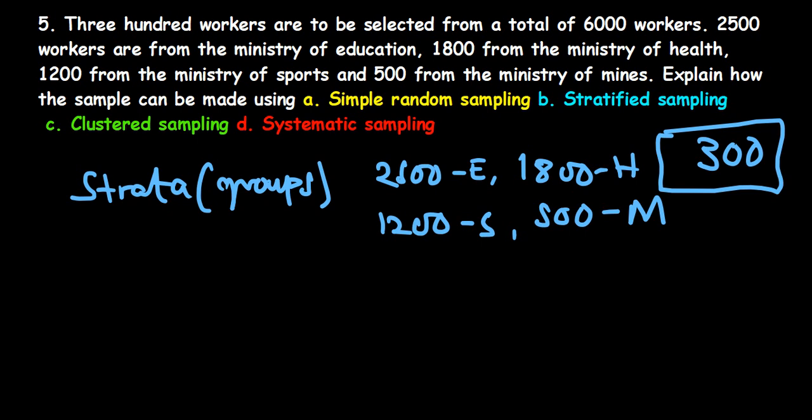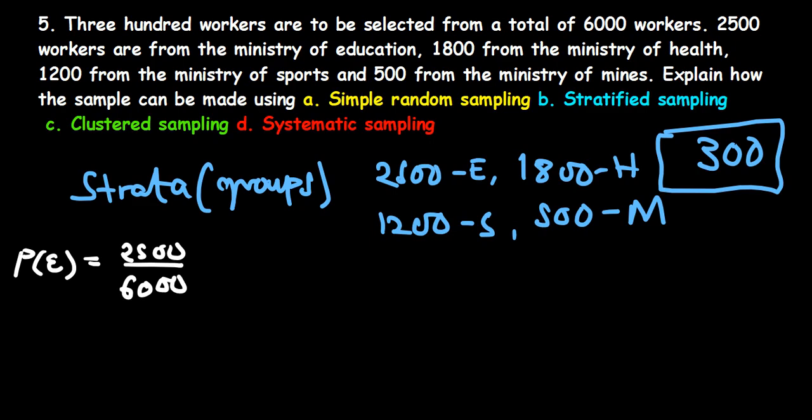If we are considering the education ministry, the proportion for education is going to be equal to 2500 workers from education, divided by the total number, which is what? 6,000, like that.